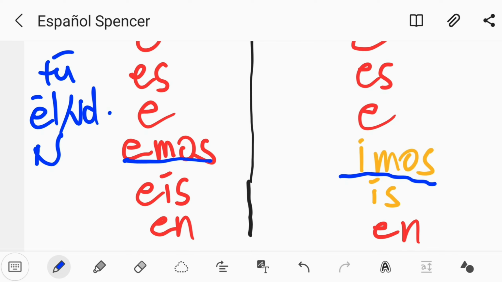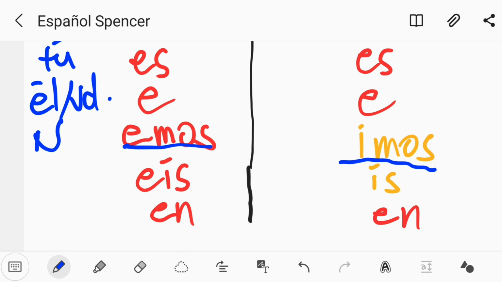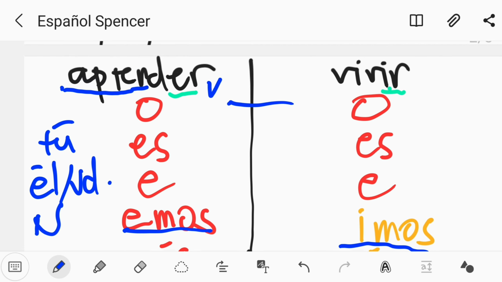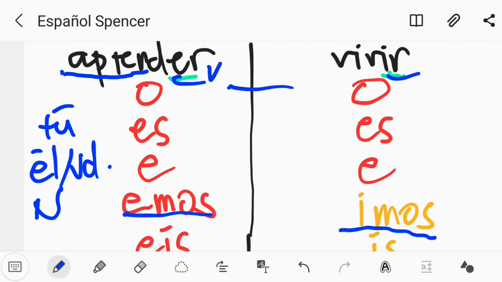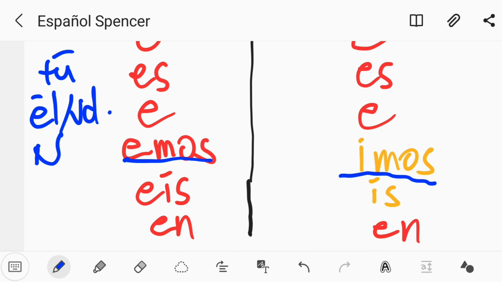So these are the things that we have to take note of when we conjugate verbs that end with ER and IR. They are the same for tú, yo, and él, but when it comes to nosotros, they have different conjugations, which are emos and imos.